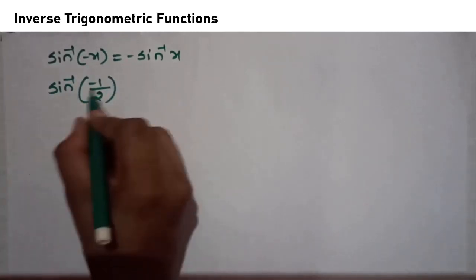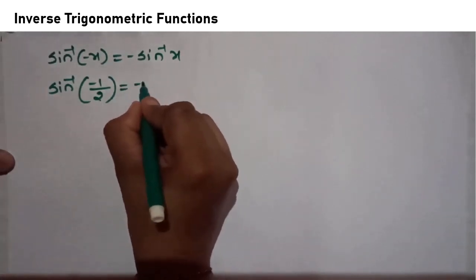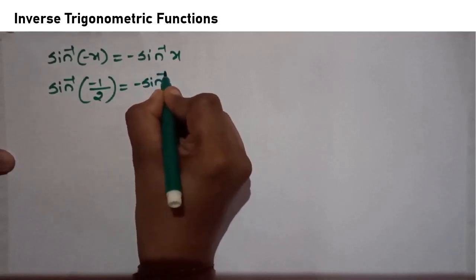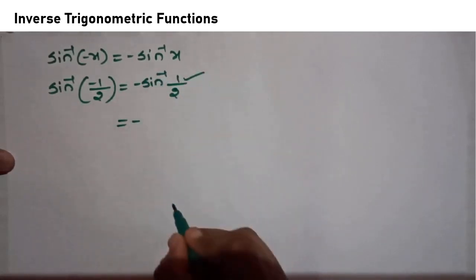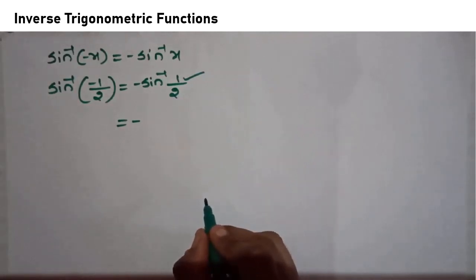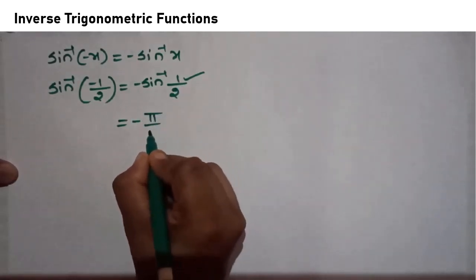Using this property we can write sine inverse minus 1 by 2 as minus sine inverse 1 by 2. Keep this minus sign as it is. For which angle is sine giving 1 by 2? For 30 degrees, that is pi by 6. Therefore sine inverse minus 1 by 2 is written as what?